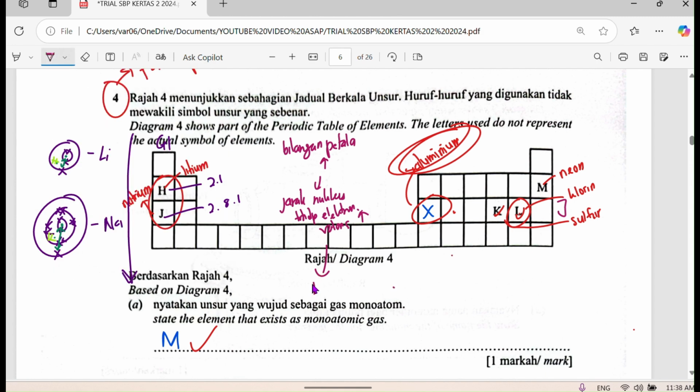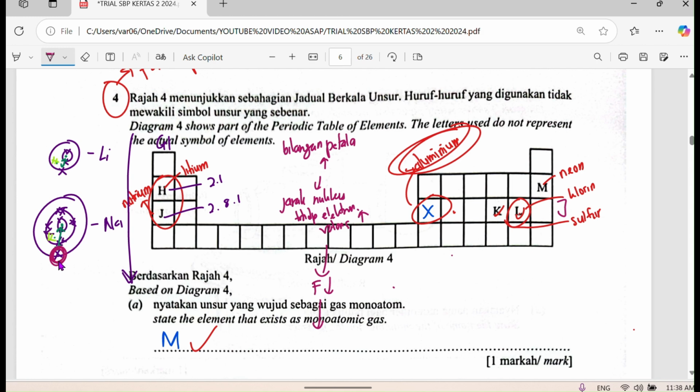The force decreases. So when the daya tarikan berkurang, the valence electron, especially at the end here, is not held tightly in its orbit, right?